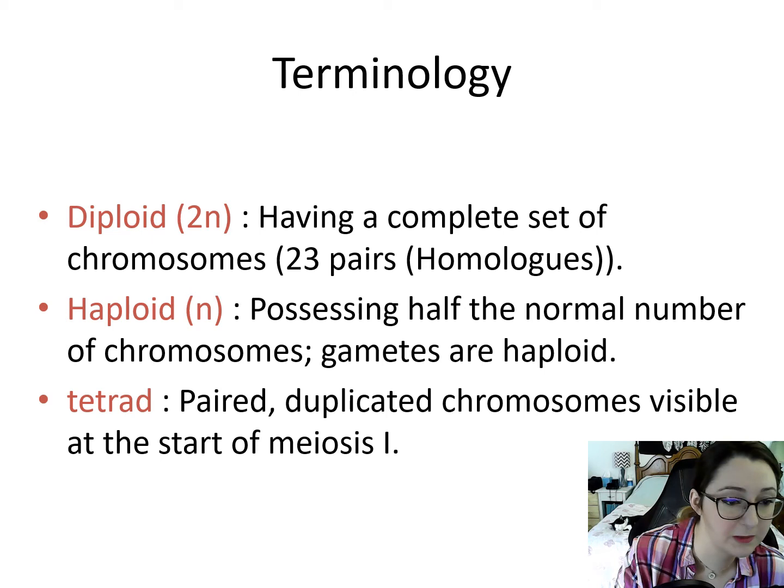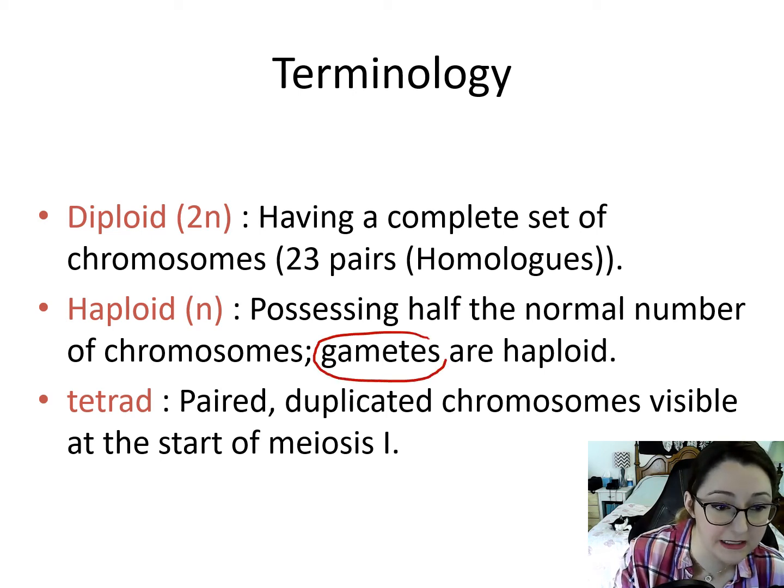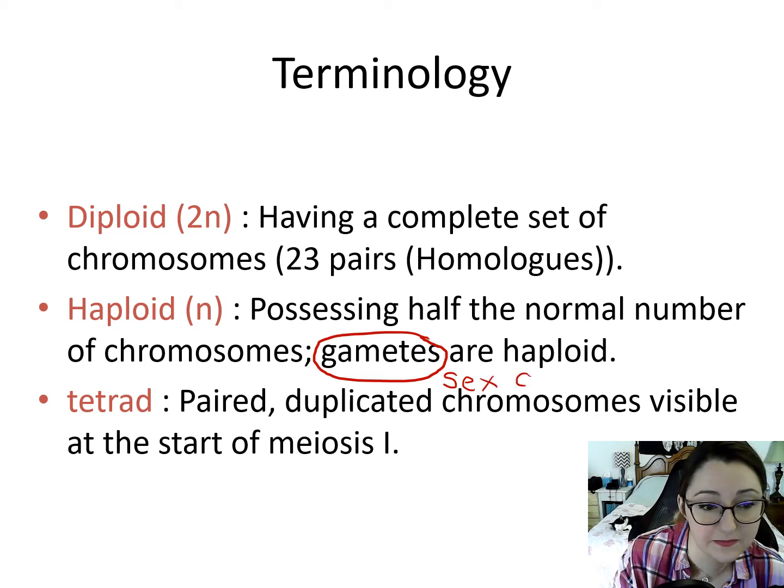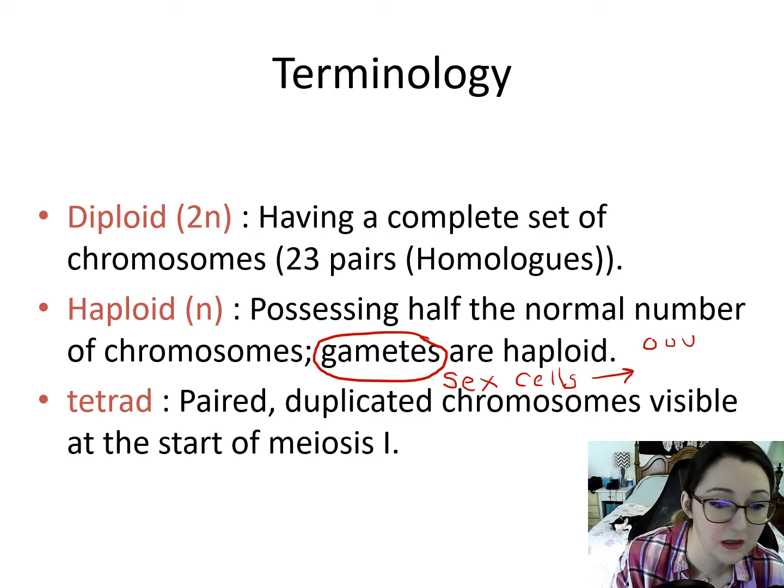Now, this is a term we maybe don't know, but gametes are sex cells, such as an ovum. Sorry, that kind of looks like bad handwriting. Or a sperm.